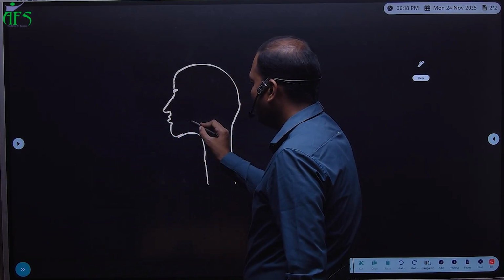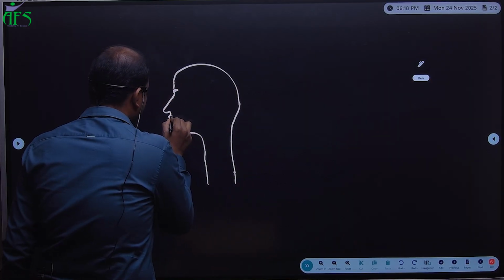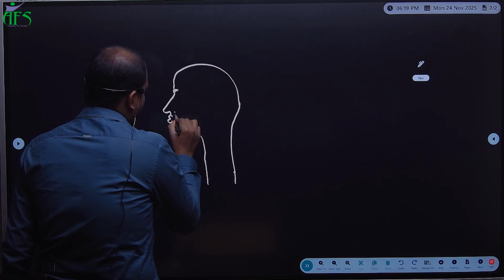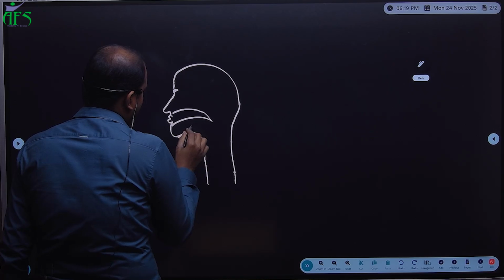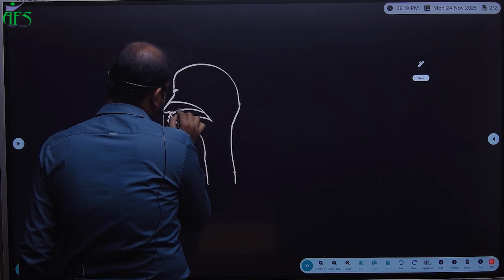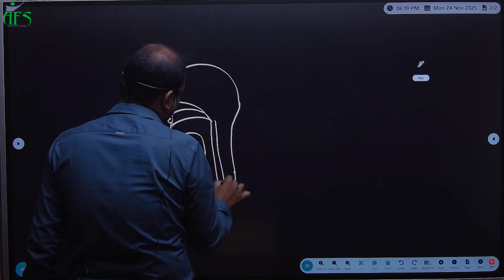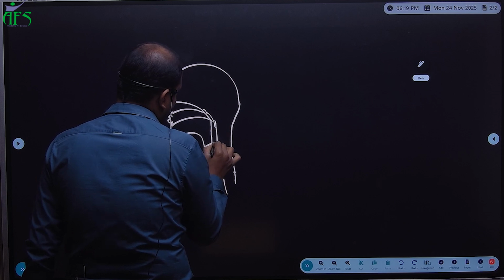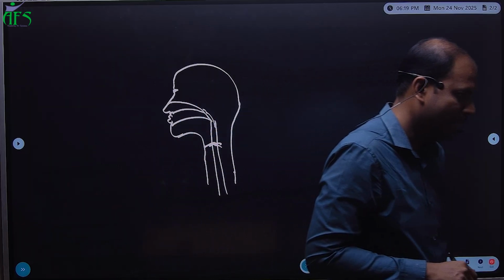So as you know, these are lips and teeth here, nose, and this is the mouth cavity, nose cavity, and windpipe, as you know, here, the vocal flaps.